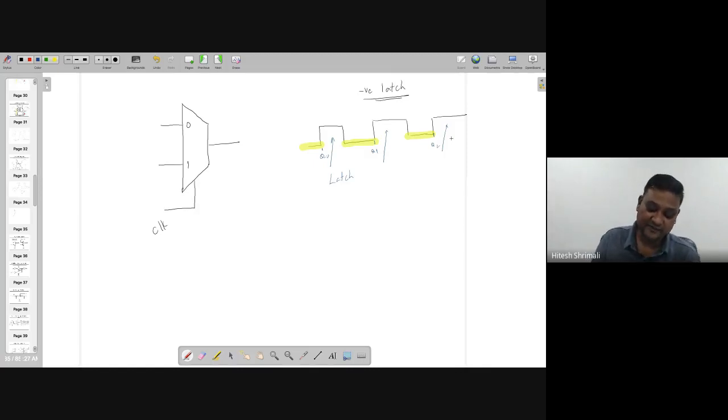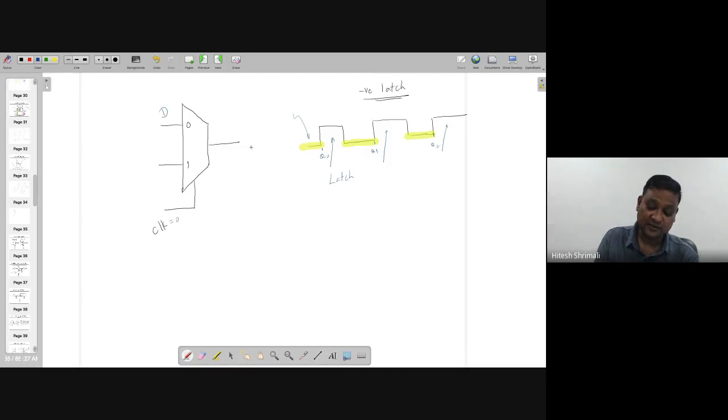So here there is a symbol where I want to make the same thing. Whenever clock equal to 0, you remember that whenever selection equal to 0, the 0th input will be at the output. So that is what we want. When clock equal to 0, at 0, if I am connecting the D input, then that will be available at the output.